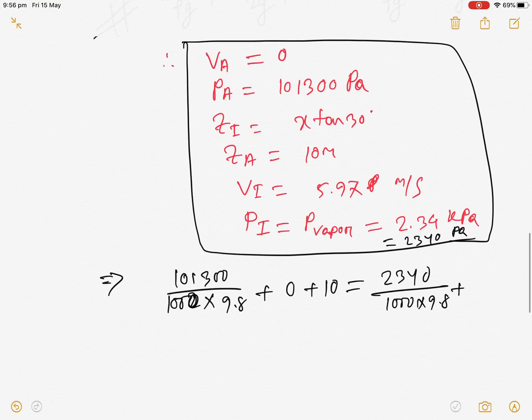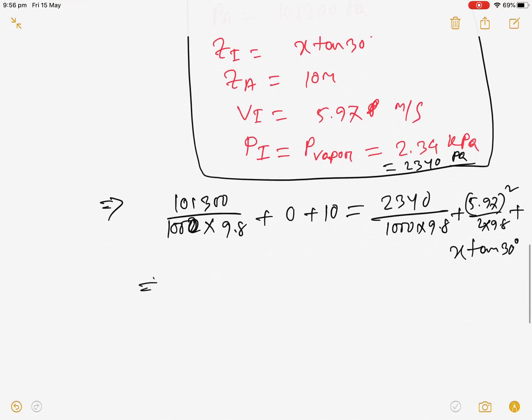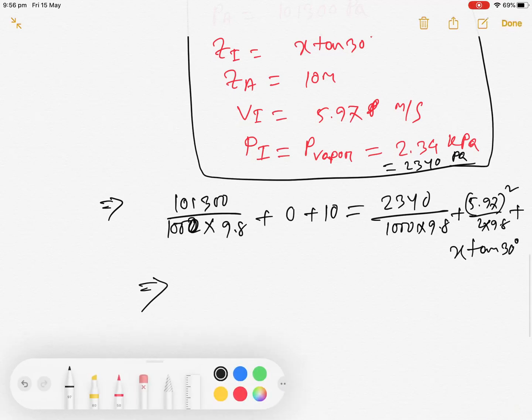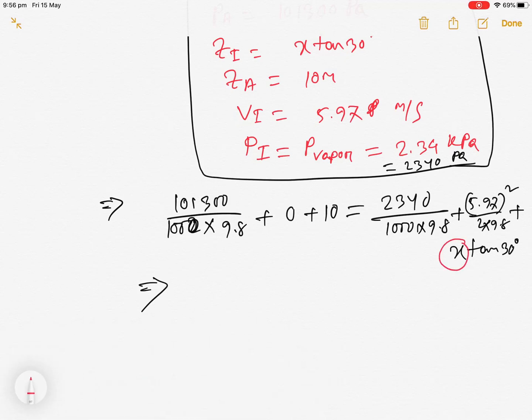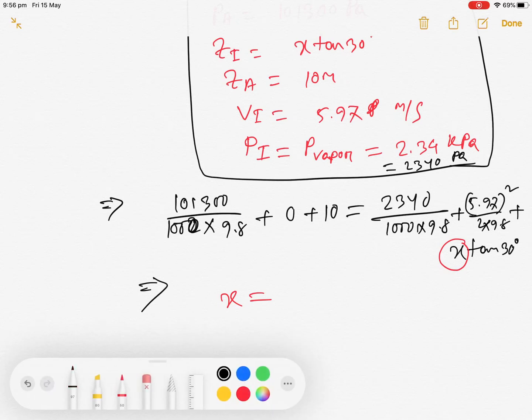The velocity, Vi squared over 2g, so it is 5.97 squared over 2 times 9.8, and the height is x sin 30. If you clearly have a look here, you will see this expression is everything we know except the x. So if we solve this for x, then we will get the maximum distance where the cavitation will start.